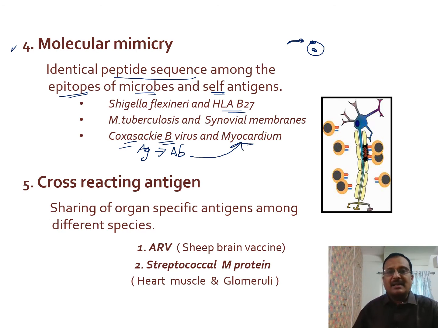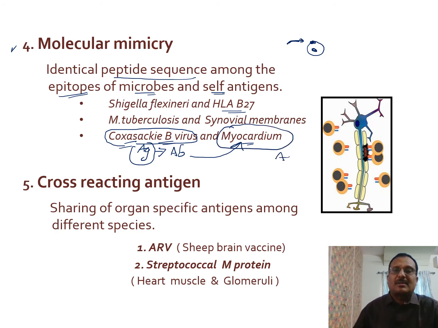Why? The reason is the Coxsackie B viral antigenic structure is similar to the myocardial antigenic structure. So the antibodies produced against this virus will recognize the myocardium as their antigen and react with the myocardium of the host, resulting in myocardial damage. The same thing happens in Mycobacterium tuberculosis, and the same thing in Shigella flexneri.